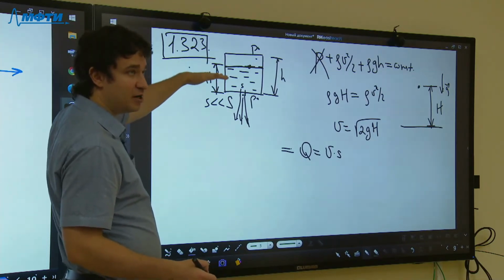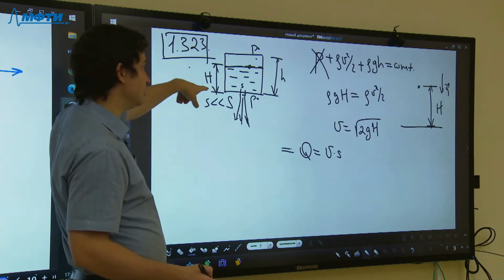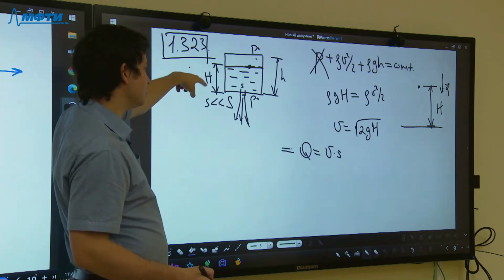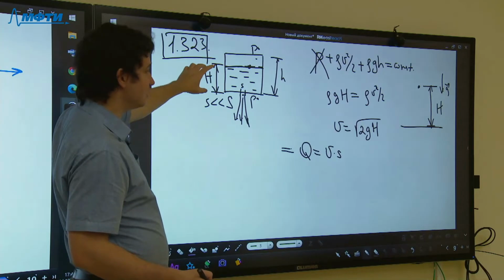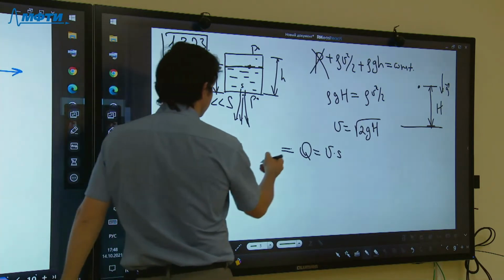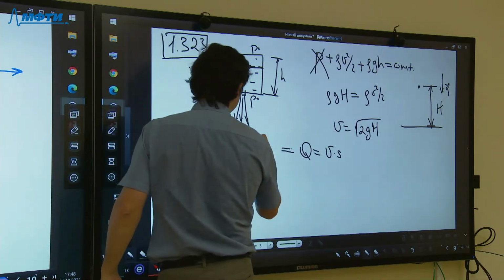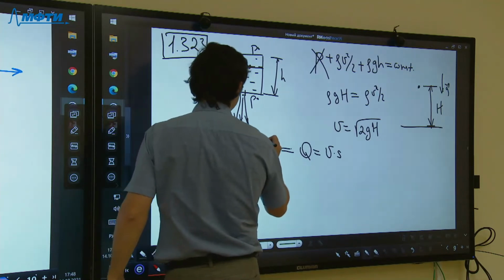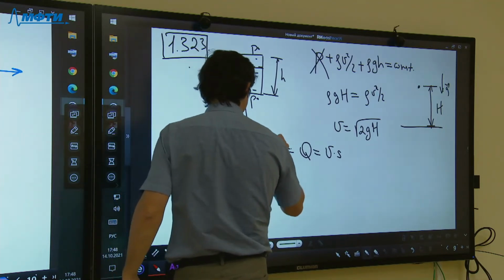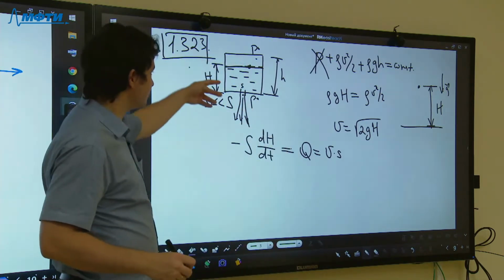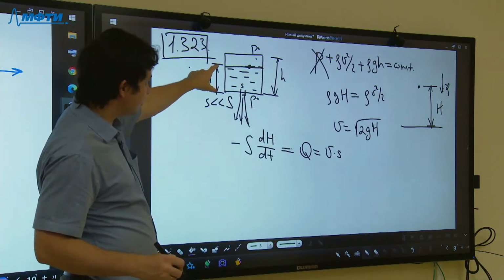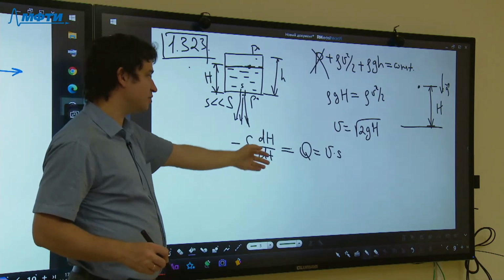Of course, as my liquid flows out of the vessel, my level of liquid remaining inside the vessel changes. So this should be equal to capital S multiplied by minus dH over dt. Minus because my level decreases, so this derivative is negative.